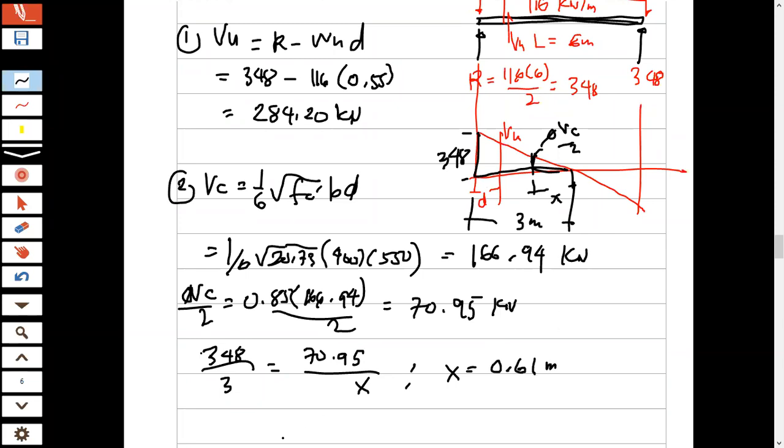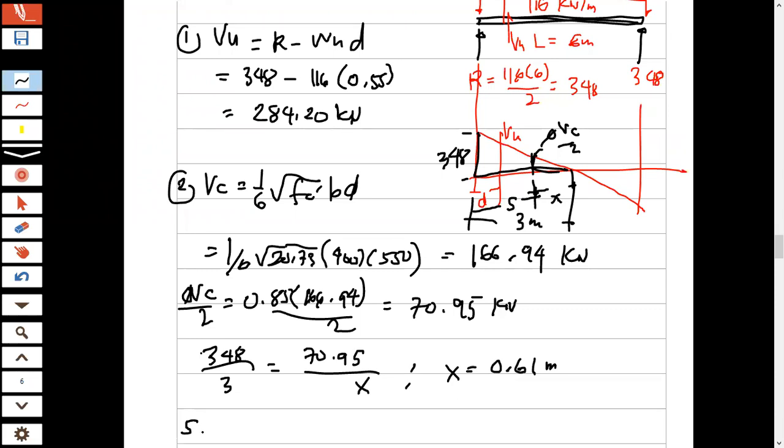So, meaning from the support, okay? From the support, or we can have this from here going to here. Sabihin na natin S. This is the distance. At what point is the web reinforcement no longer required? Measure from the support.